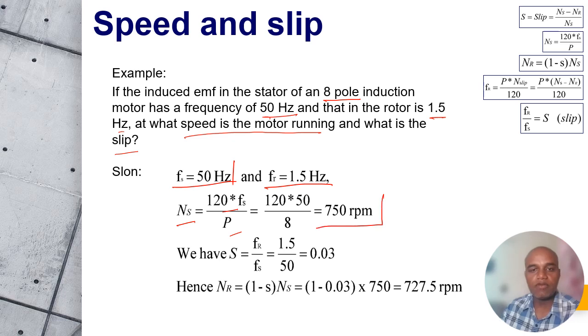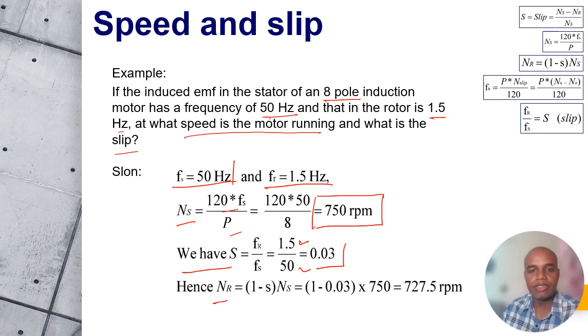The synchronous speed of this motor is 750 rpm, and now I have the relation that slip is equal to fr divided by fs. So I can find the slip from here. fr is 1.5 hertz and fs is 50 hertz, so my slip becomes 0.03, and therefore I can find the speed of my rotor.